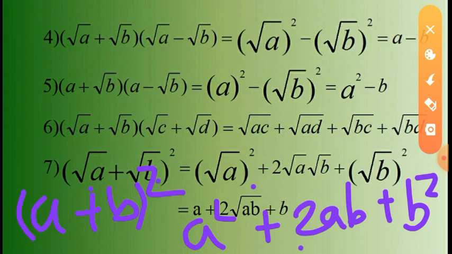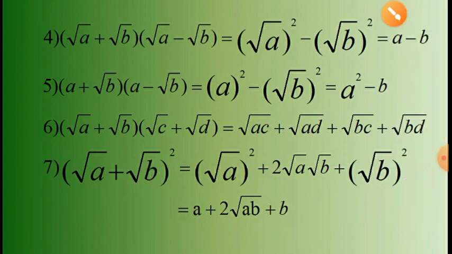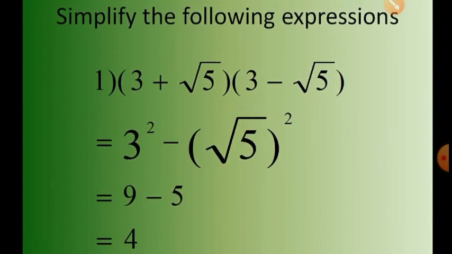This is A, this is B. So root 2 into root A into root B plus root B whole square. And hence you will get it as A plus 2 root AB plus B. Is that clear? Okay. Now I'll see some examples regarding these identities.